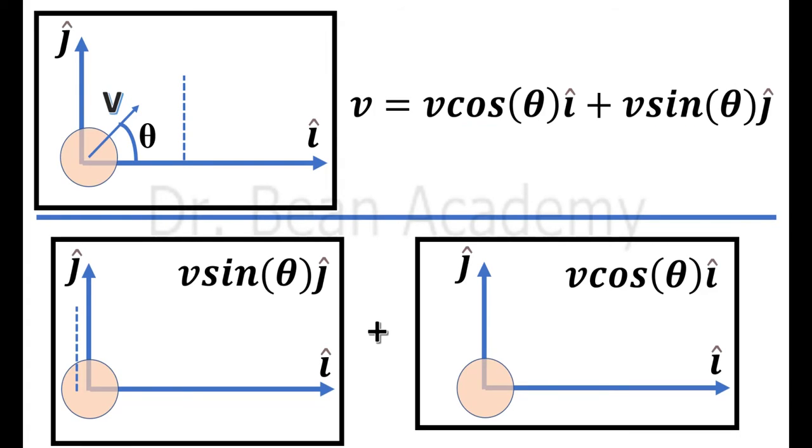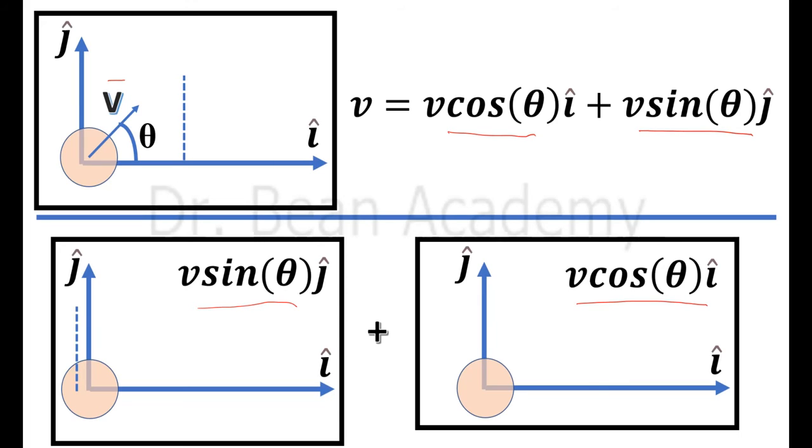At the top of the screen, we have an object with an initial velocity v which has two components. In the lower left corner, we have the vertical component of the velocity in action. Similarly, the horizontal component of the velocity is acting in the lower right corner of the screen.